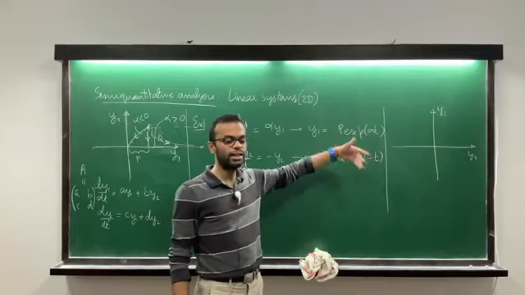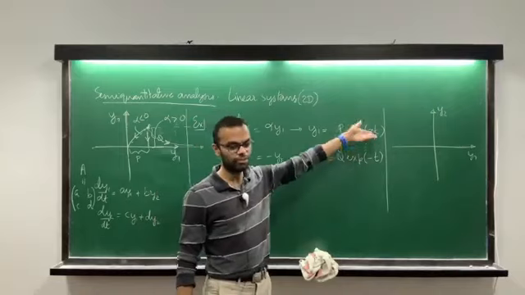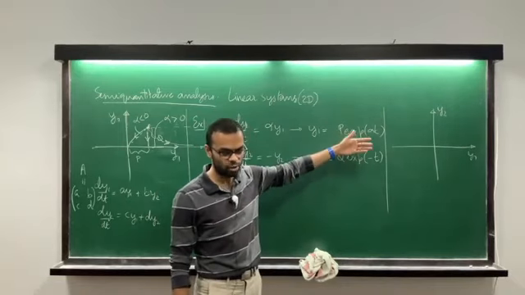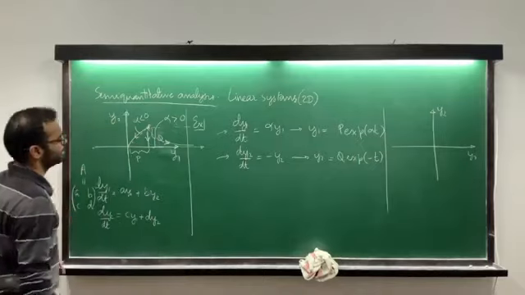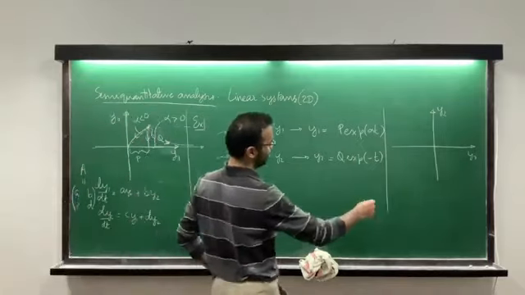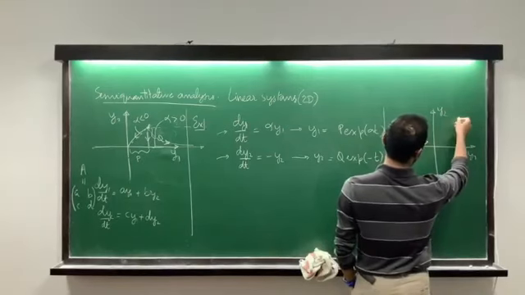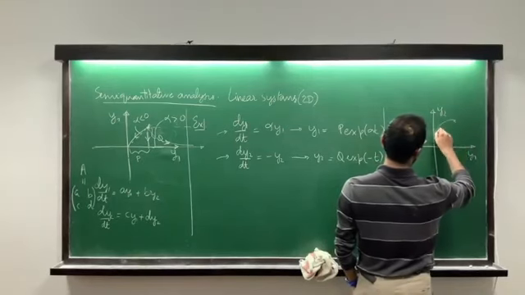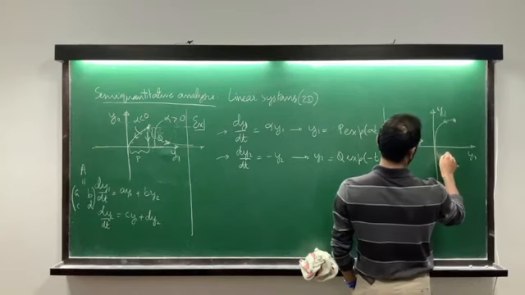If the magnitude of alpha is very large compared to 1, then this guy is going to decay faster than this guy, because e to the power of minus large number times t is simply going to die out faster than e to the power of minus t. So you have to make that distinction. So for example, if alpha is very large, then the y1 coordinate decays faster. So if I start here, it's going to go like this. If I start here, it's going to go like this, and so on.